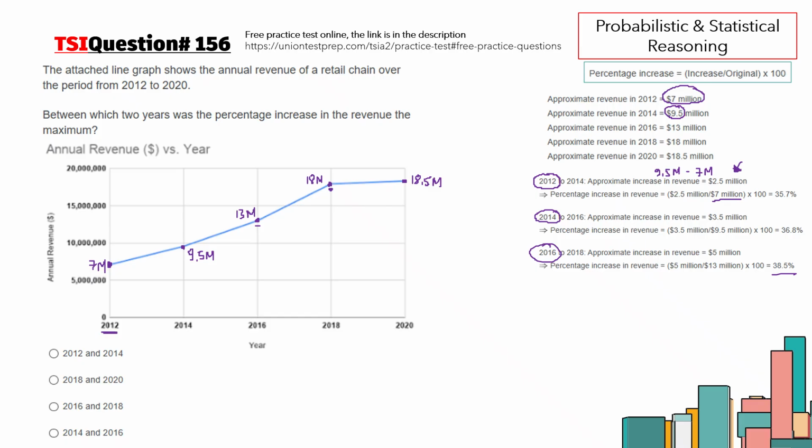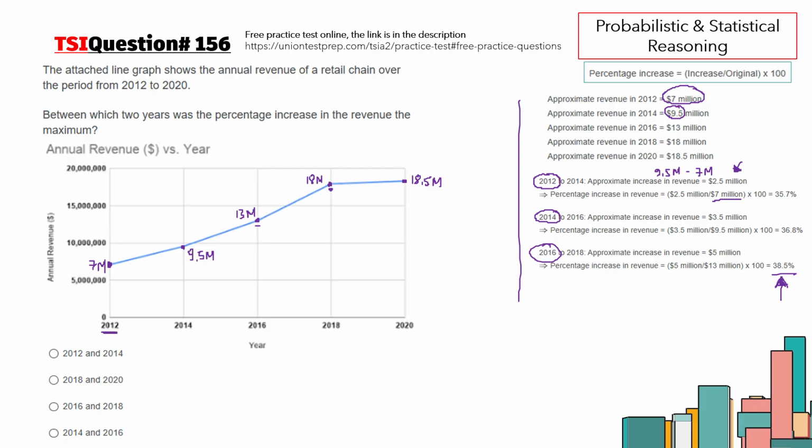So in this question, they do not mention the exact percentage increase. They only let you answer in which period. So it is not necessary to perform all of those calculations.